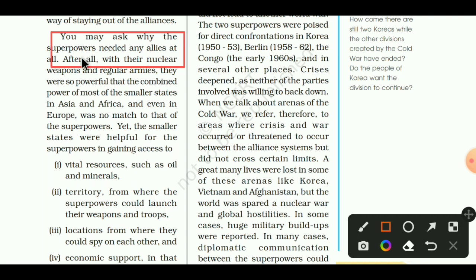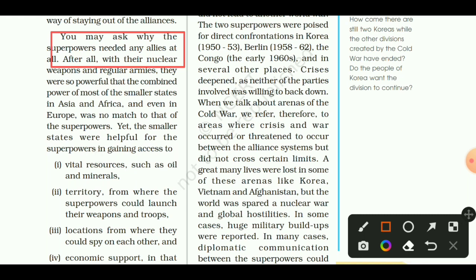That means once the superpower has an ally, the superpower gets access to the smaller country, and the access is, first, vital resources such as oil. In almost all the Arab countries there is a huge amount of crude oil and minerals, which are sold by the superpowers USA and USSR.